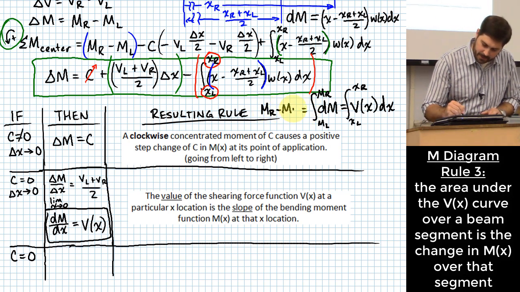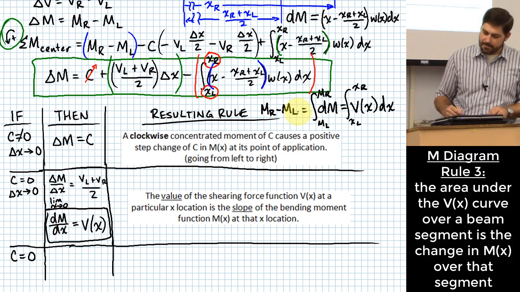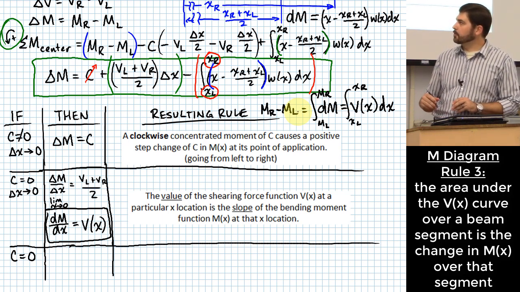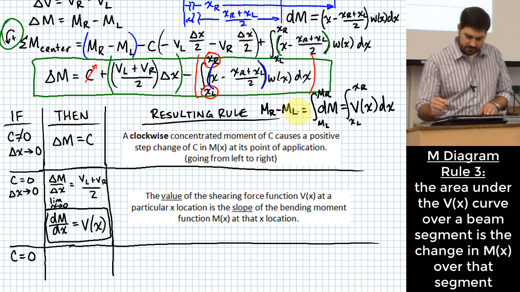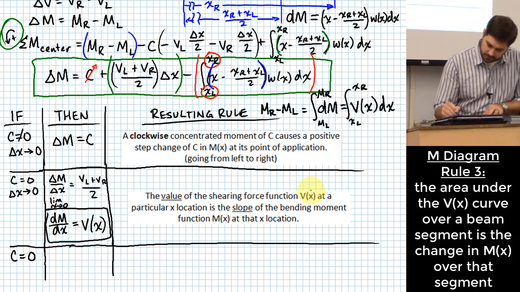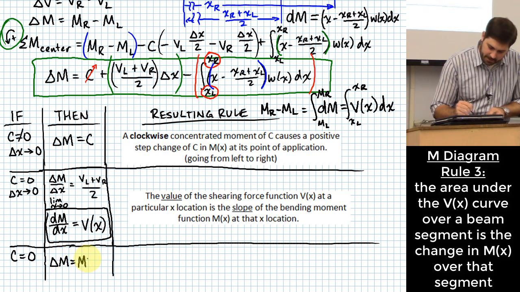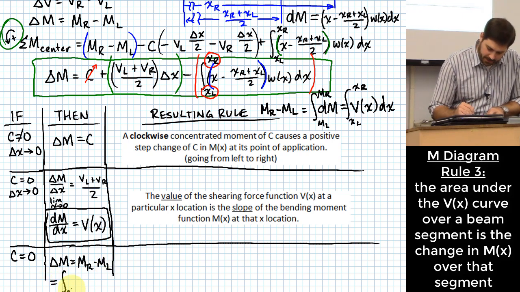MR minus ML, which is just delta M, and it's just going to be equal to the integral from xL to xR of V of x dx. Okay, so this is how I'm going to write that over here. Delta M, which is defined as MR minus ML, is just going to be equal to the integral from xL to xR of V of x dx.